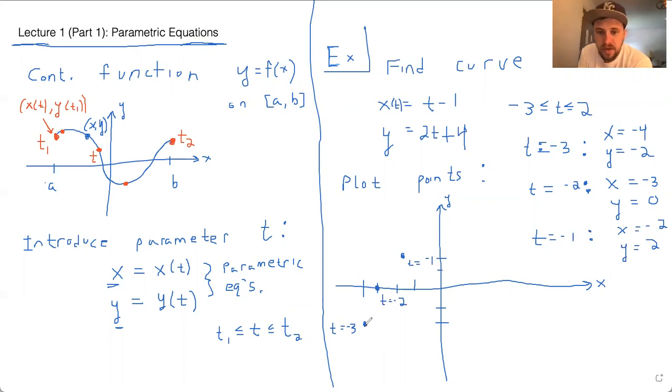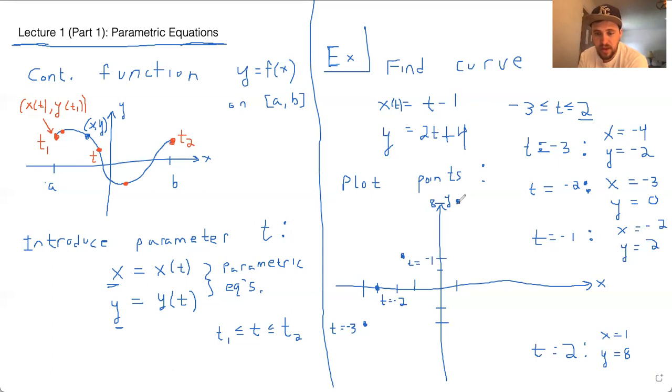And maybe you can get the idea here for the rest of them. I'll do the very last one. If you kept going by the integers and we went up to our upper bound here, 2, right? If t was 2, we would get x is 1, y is then 8. So we'd go wherever 1 is, and then maybe 8 is up here, right?